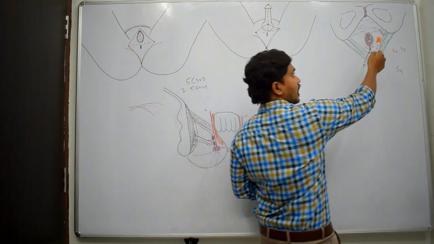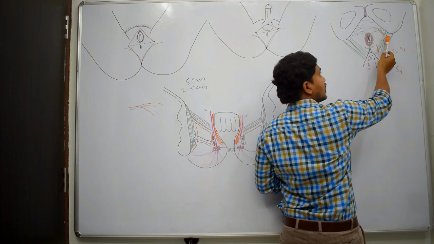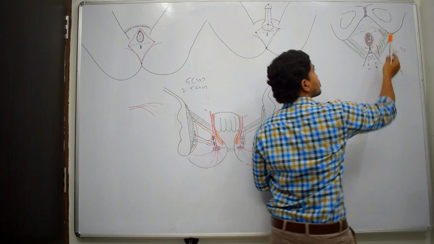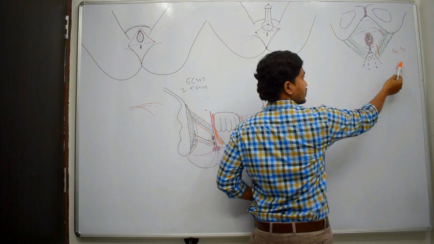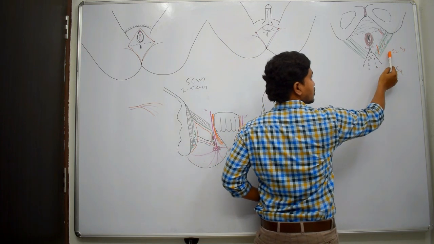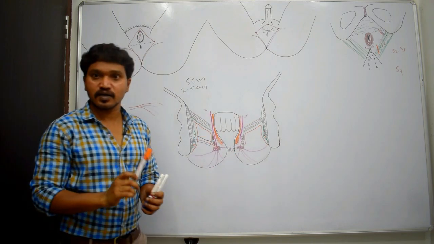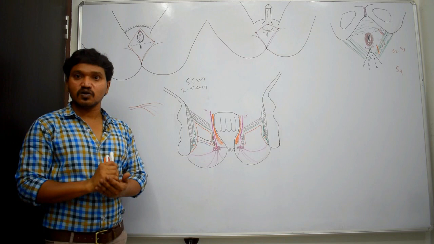Then at the anterior part, posterior scrotal vessels and nerves pass into the urogenital triangle from the anterior part of the ischiorectal fossa. Then the perineal branch from S4, perforating branches from S2, S3, and it is filled with fibrofatty tissue. Clear? So these are the structures present in the ischiorectal fossa.